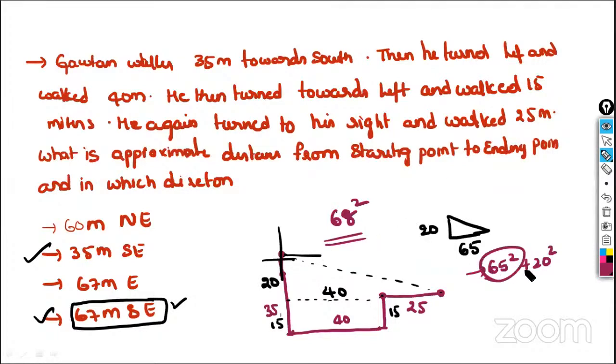Right. So here you already know 4225 and 400. So that means 4625. That means the nearest value is 67 square. Right? Done.